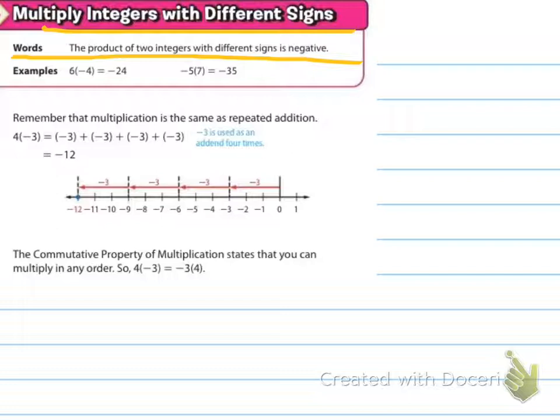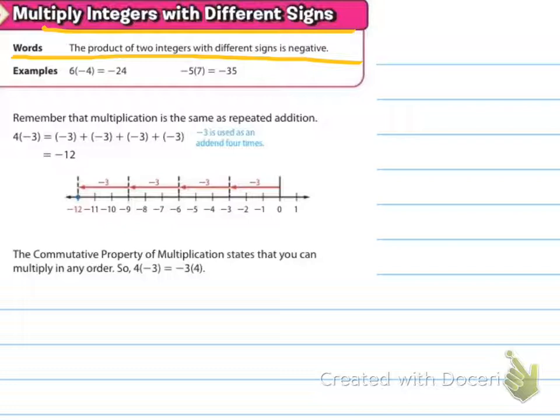So 6 times a negative 4, and remember that's what that means right there, equals negative 24. Negative 5 times positive 7 is negative 35. So you're doing multiplication like normal, but then if it's different signs, your answer is going to be negative.